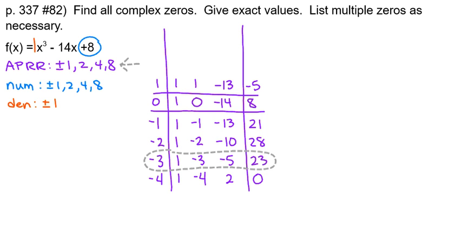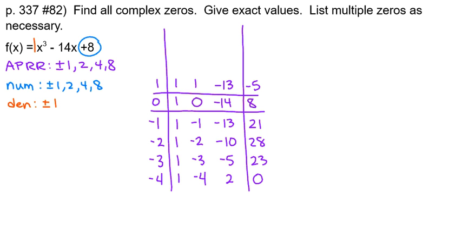And that's just a habit I'm in, to always go in order and not skip rows because of what's coming next in our unit. And as the problems get more difficult, we're going to want to look for some patterns and clues in the remainders. And if we skip a row, we're not going to see the patterns and clues we need. But for this problem today, it wasn't really truly necessary for me to do the negative 3 row. I could have skipped it. I just don't like to get into that habit.